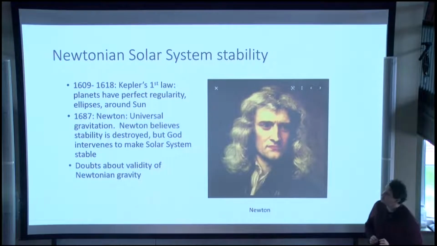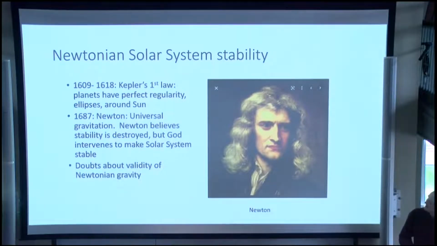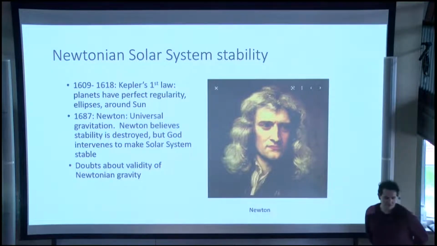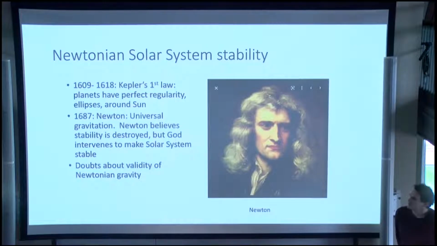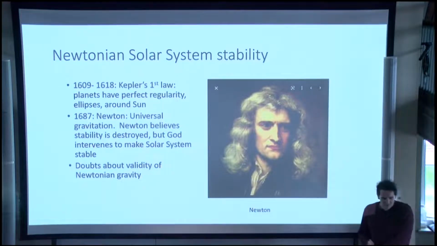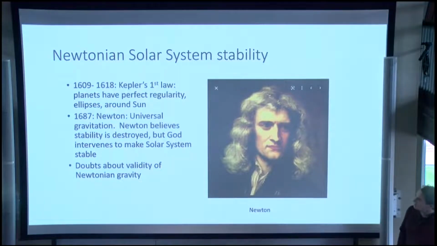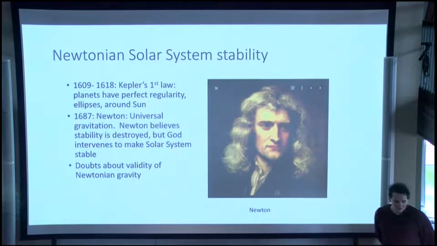Let me give a brief history of the stability of the solar system, what we know about it. This starts with Kepler and Kepler's first law. He states that planets orbit on ellipses, and according to this picture, the solar system is perfectly regular. Several decades later, we have Newton, who comes along with his universal gravitation, so the planets interact with each other.